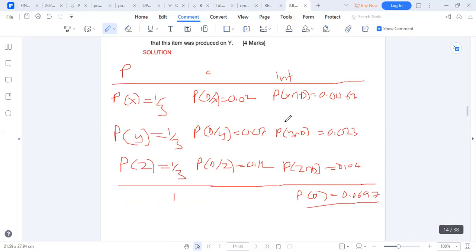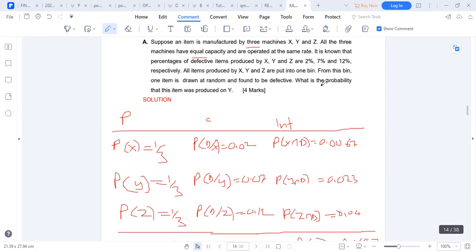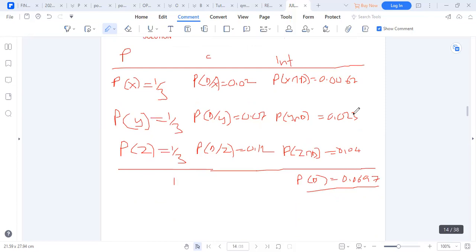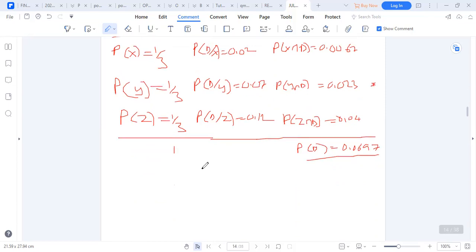Fortunately, the examiner would always want to assess one of them. Suppose an item was randomly selected and it was found defective. What's the probability that it was produced by Y? So what they're asking you is the posterior for Y here. Just divide this over the D. So they're asking for Y given what? D. So what's the probability for Y? 0.0233. And what is our D here? 0.0697.